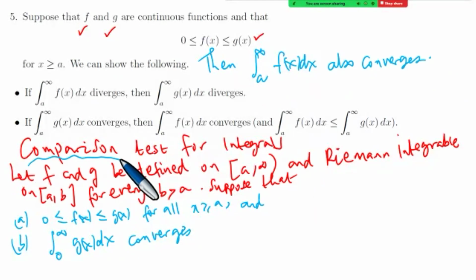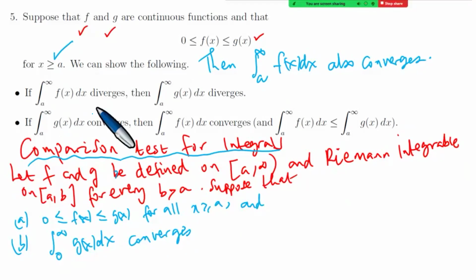Let us discuss this theorem called the comparison test for integrals. Let f and g be defined on this interval from a to infinity, and Riemann integrable on the closed interval from a to b for every b bigger than a. Suppose that f and g are ordered in that manner for all x greater or equal to a, which is exactly what has been said. This one here is a theorem, the one I'm giving in red.